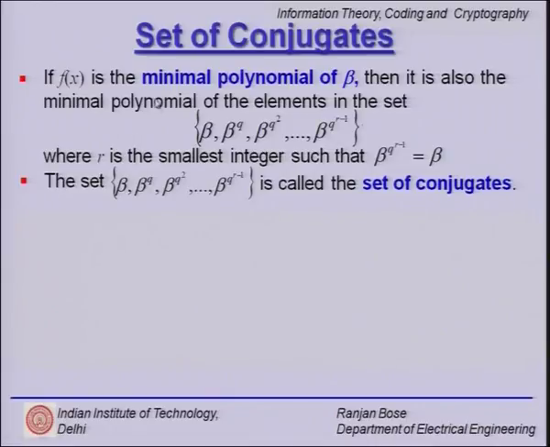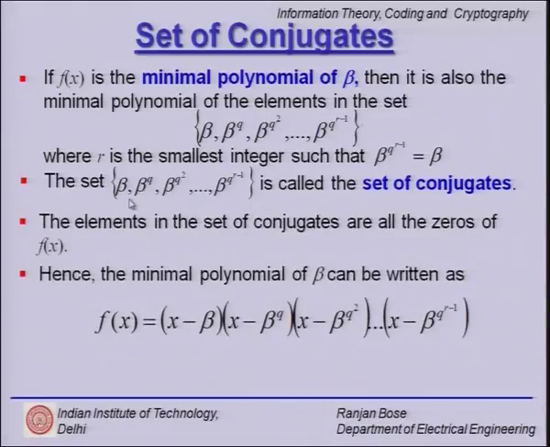So, if f(x) is the minimal polynomial of beta, then it is also the minimal polynomial of the elements of the set beta, beta raised to q, beta raised to q squared, and so on up to beta raised to q^(r-1), where r is the smallest integer such that beta raised to q^r is equal to beta, and this is called the set of conjugates.